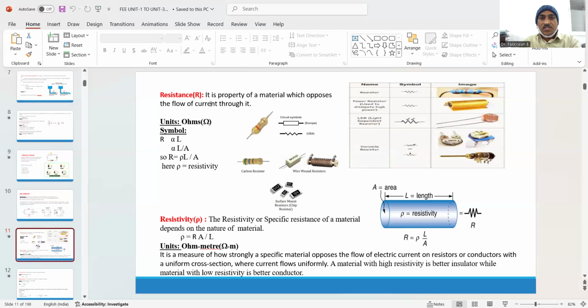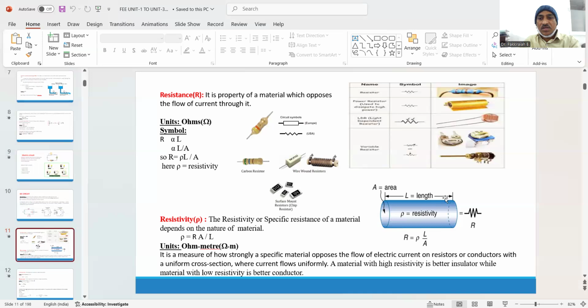And the moment we speak about the resistor, we will speak about the specific resistance or resistivity also, which means that the resistance of a material depends on the nature of the material.